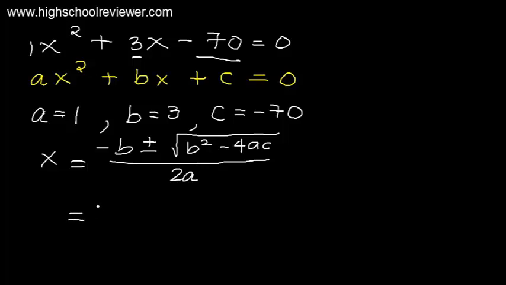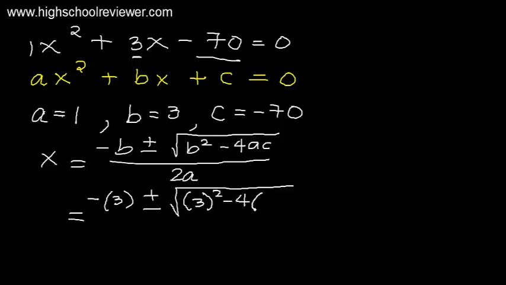So our b is positive 3, so this will be negative 3 plus minus the square root. So our b here again is 3, so this will be 3 squared minus 4 multiplied by a, that is 1, multiplied by c, which is negative 70. And this will be divided by 2 multiplied by a, which is positive 1.